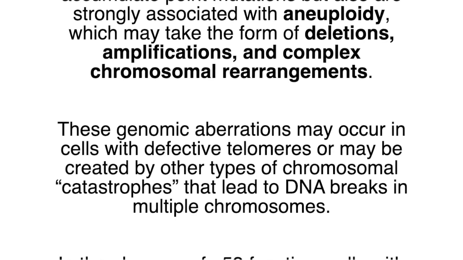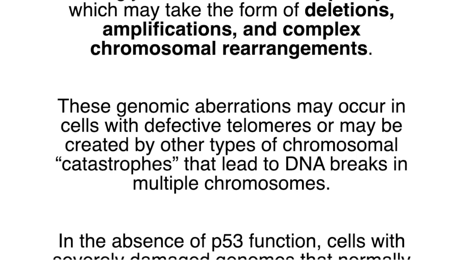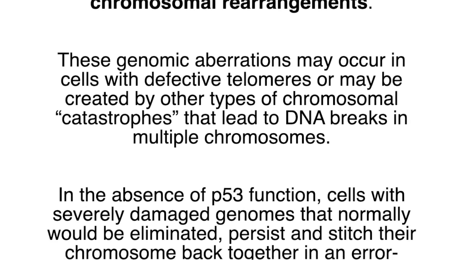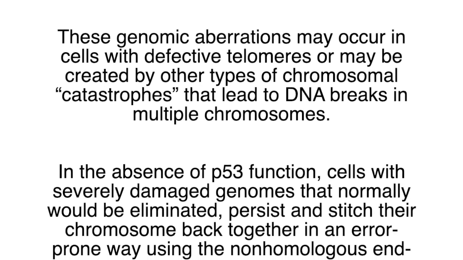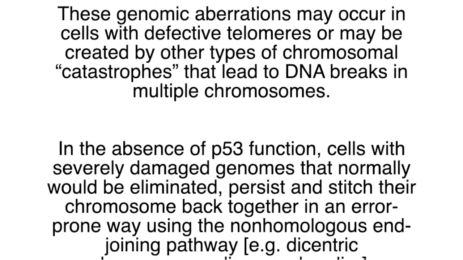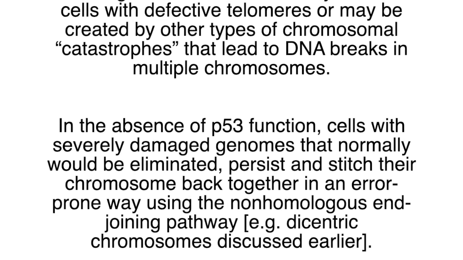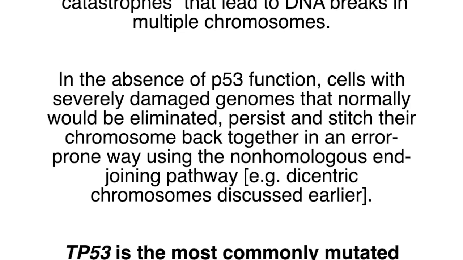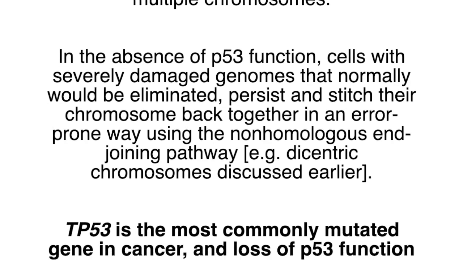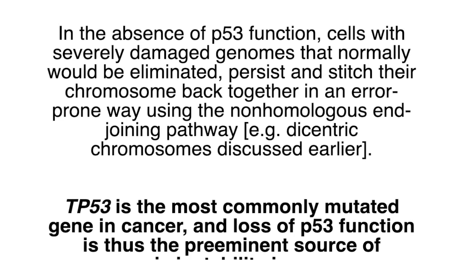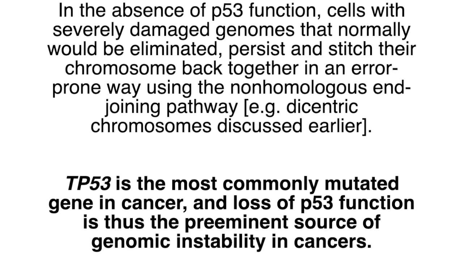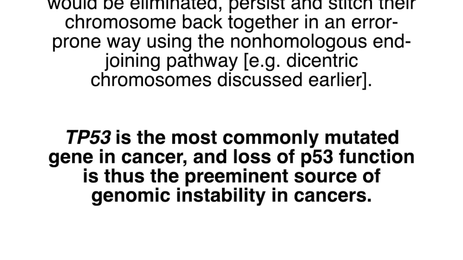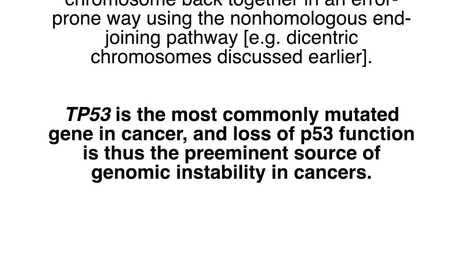These genomic aberrations may occur in cells with defective telomeres or may be created by other types of chromosomal catastrophes that lead to DNA breaks in multiple chromosomes. In the absence of p53 function, cells with severely damaged genomes that normally would be eliminated persist and stitch their chromosomes back together in an error-prone way using the non-homologous end joining pathway.